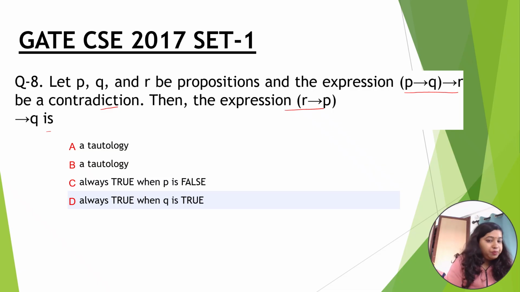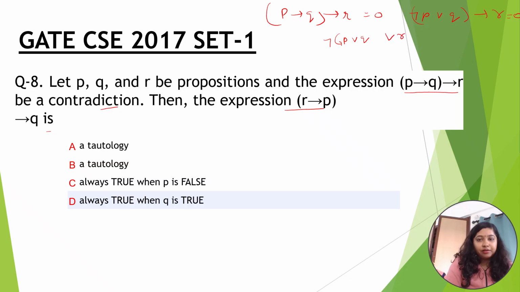Okay, so first of all we are given P gives Q gives R is equal to 0. ठीक है, तो हम इसको सॉल्व कर लेते हैं. ये आ जाएगा not P और Q और फिर R is equal to 0. इसी को आगे सॉल्व करते हैं. Not P और Q और R is equal to 0.